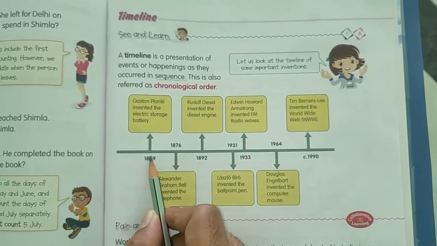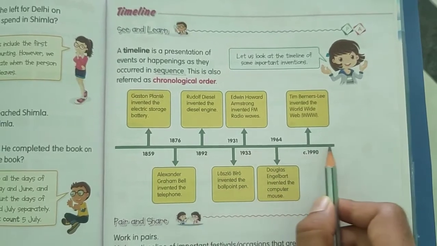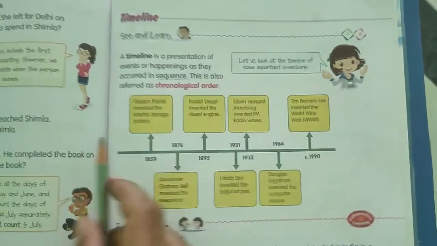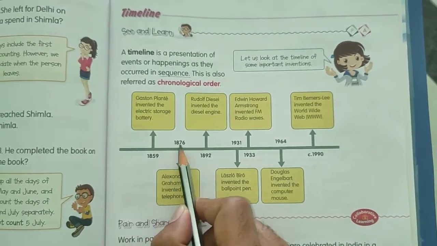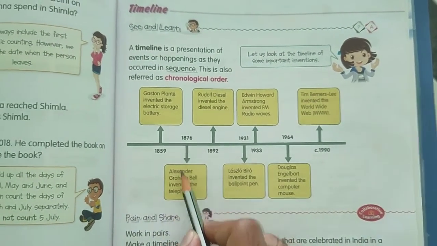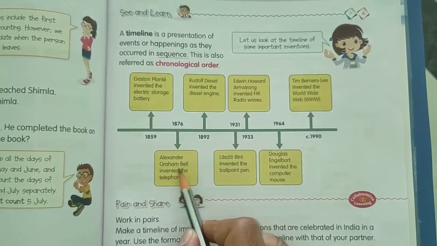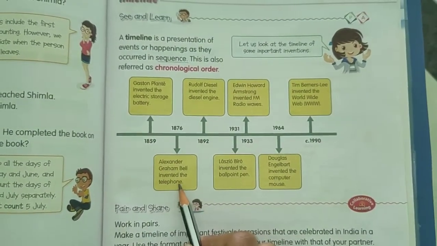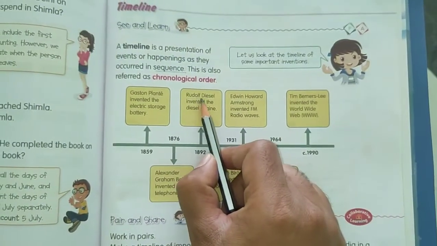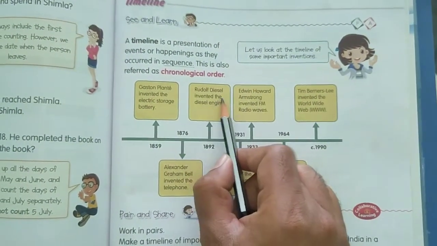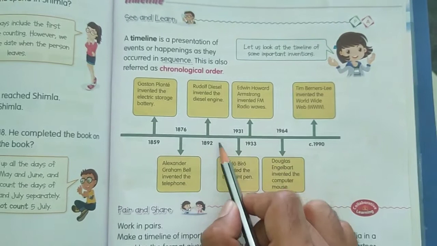Old years are first and then we are moving toward new years. Now 1859, after that 1876. Alexander Graham Bell invented the telephone. Then 1892, Rudolf Diesel invented the diesel engine.